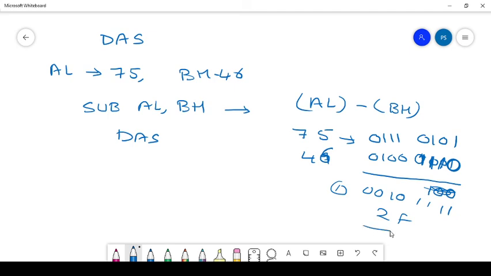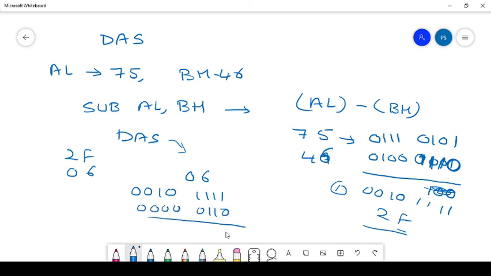We are getting the result as 2F, which is an invalid BCD. So what the DAS instruction does is, if the lower nibble is greater than 9, it subtracts 06 from the result. So 2F minus 06: 2F is 0010 1111, 06 means 0000 0110.